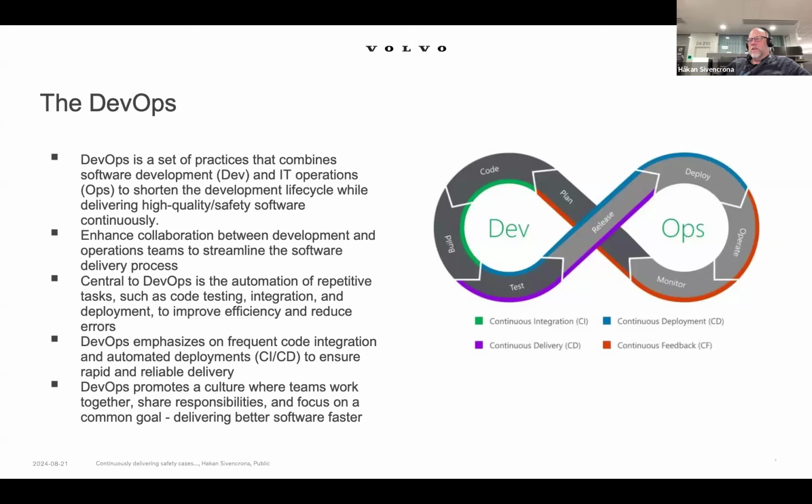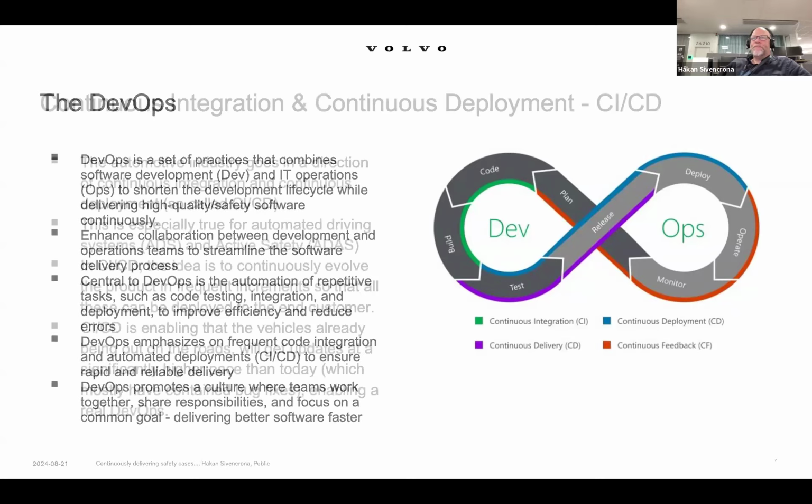Maybe you will need weeks, maybe months before you can actually say that you have verified something. That's what I mean. But also, I think it's really important here that a really good DevOps promotes a culture where teams can work together and share responsibilities and really help each other to maximize the use of it.